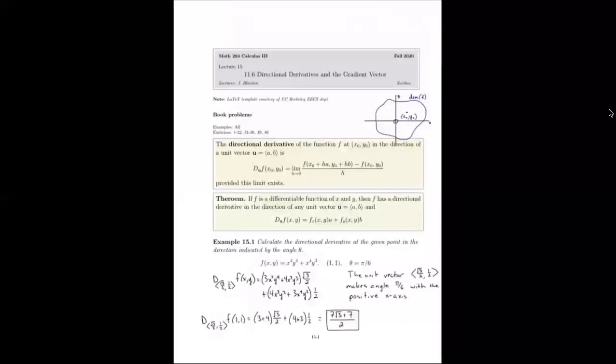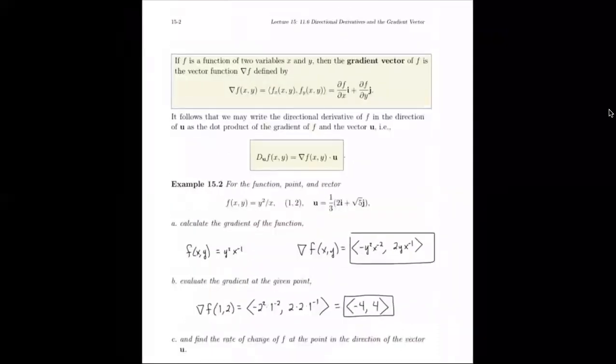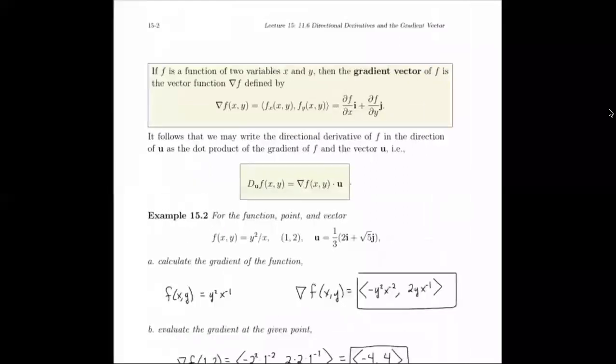Now, we'll define a tool that we're going to see quite a bit over and over. This is the gradient vector. So if we have a function f of x, y, some function of two variables x and y, then we'll talk about its gradient vector. Its gradient vector, denoted here as nabla f, that upside down triangle is called nabla, or gradient f, is more commonly used.